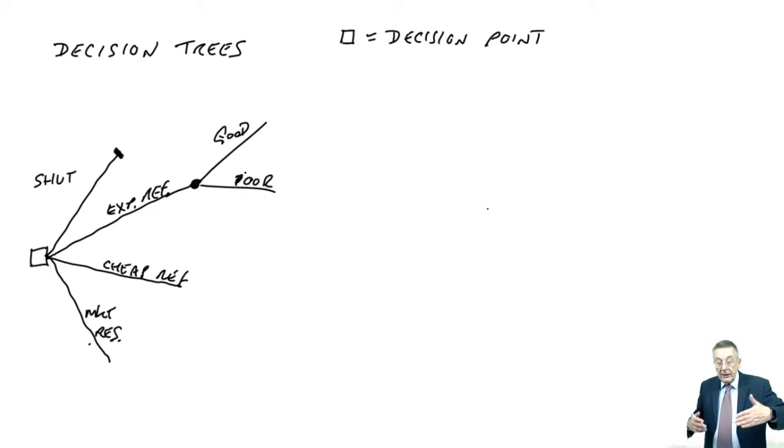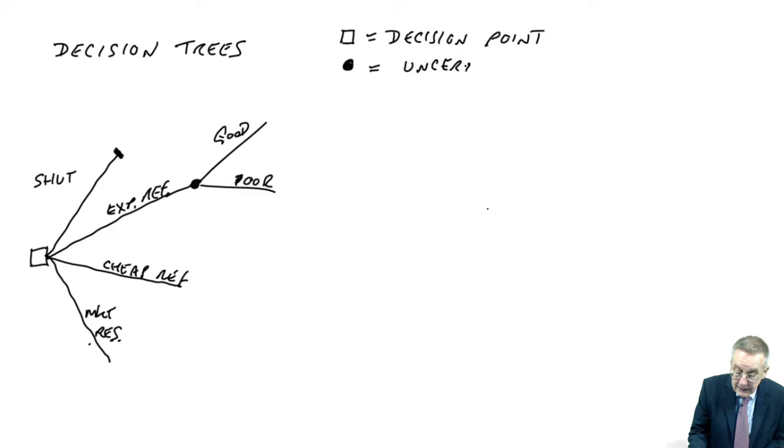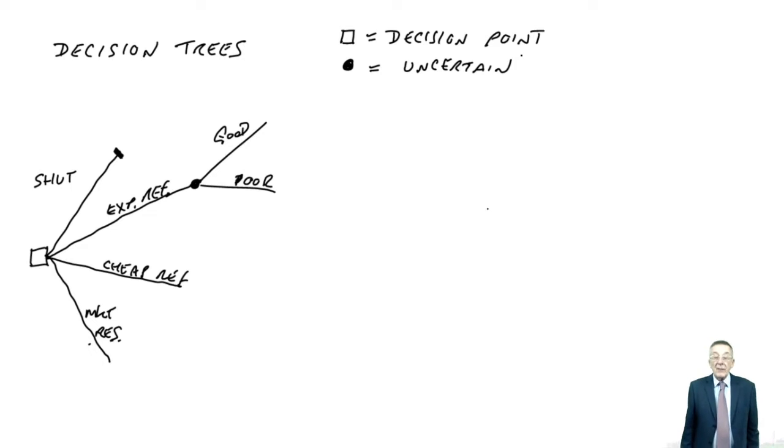Now there, you see, if you do expensive, either it ends up being good or it ends up being poor, but that isn't our decision, that's uncertainty. So I'm using that blob to show where it's uncertain. Whenever I use a square, it's a decision we're going to have to make. When I use a blob, that's just uncertain.